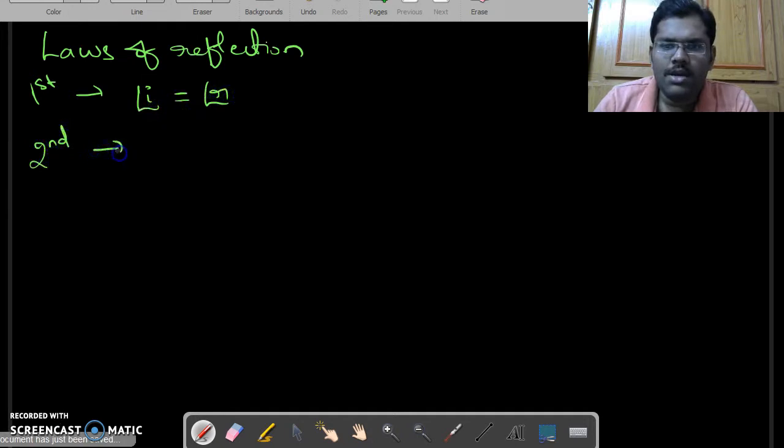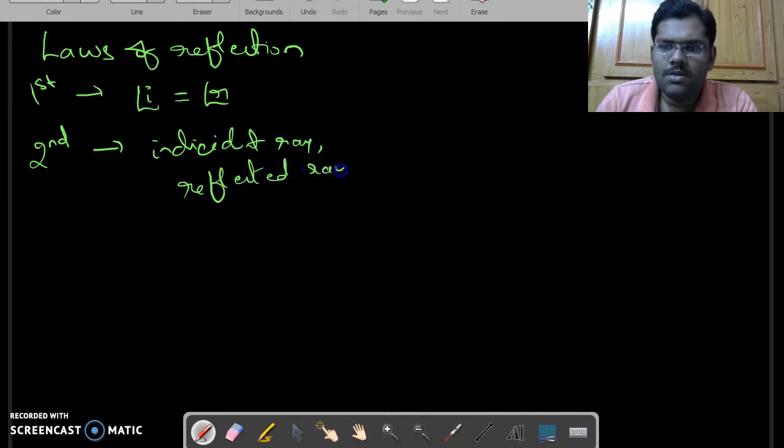And the second law is that the incident ray, the reflected ray, and the normal lie in the same plane. So this is what the laws of reflection say.